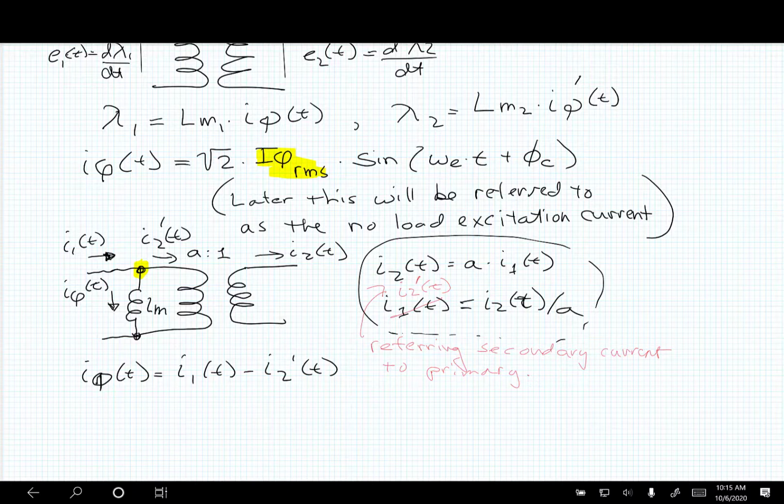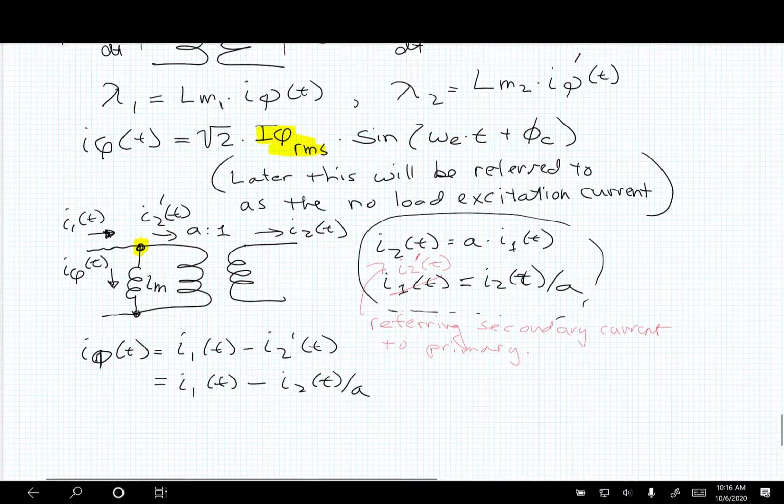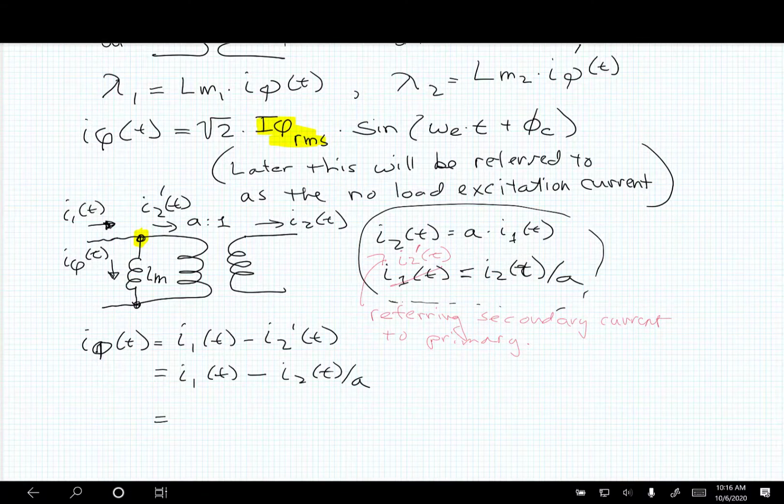And we defined I2 prime of t as the actual I2 of t divided by A. That's the same as saying I1 of t minus N2 over N1 times I2 of t.